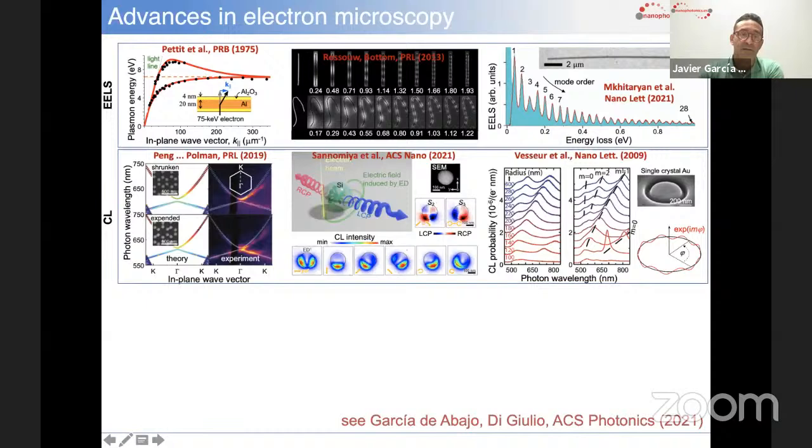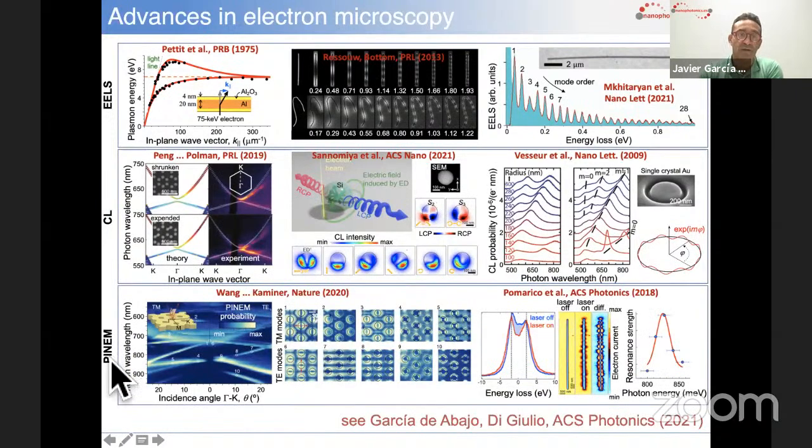And the last technique I want to mention is PINEM, which is photon-induced near-field electron microscopy. Electrons are exposed to the near field of illuminated samples, and this has been used in this example in the group of Kaminer to map photonic bands and photonic states in two-dimensional photonic crystals.